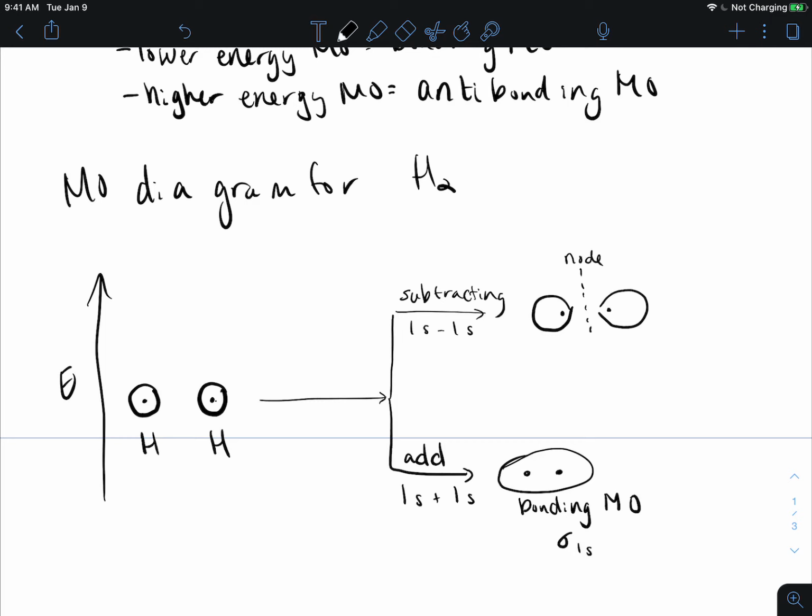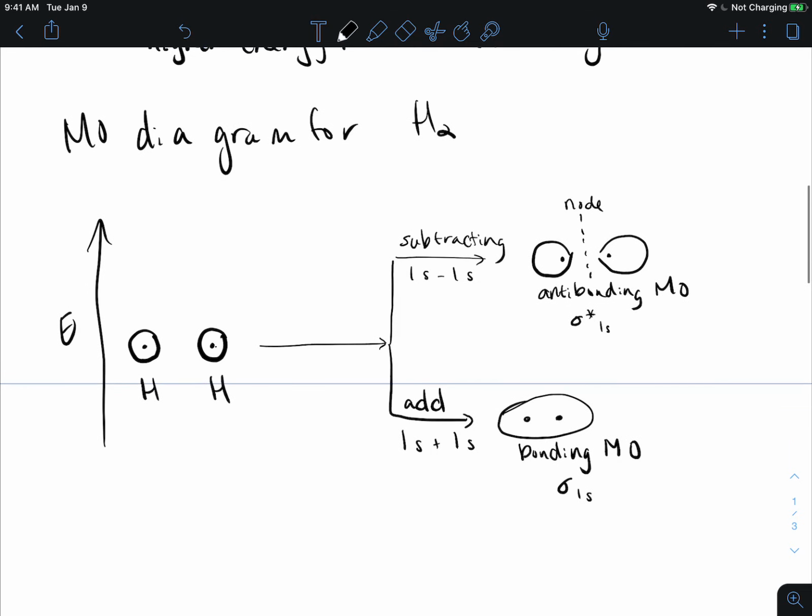So that node is produced when we have that anti-bonding molecular orbital, and we call this a sigma star 1s. Okay, so we've got our bonding, that's sigma, and then anti-bonding sigma star.